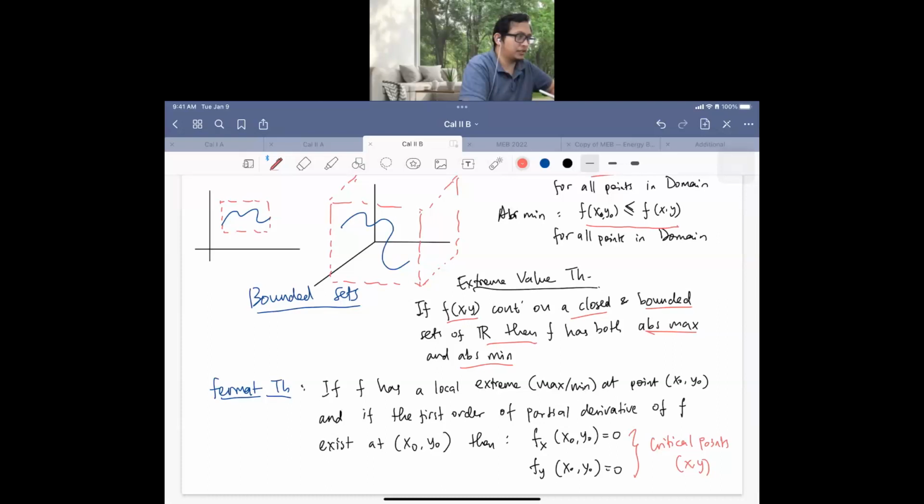But a critical point is not always when the partial x is 0. If you remember calculus 1, if one of these doesn't exist, we can also call it a critical point.